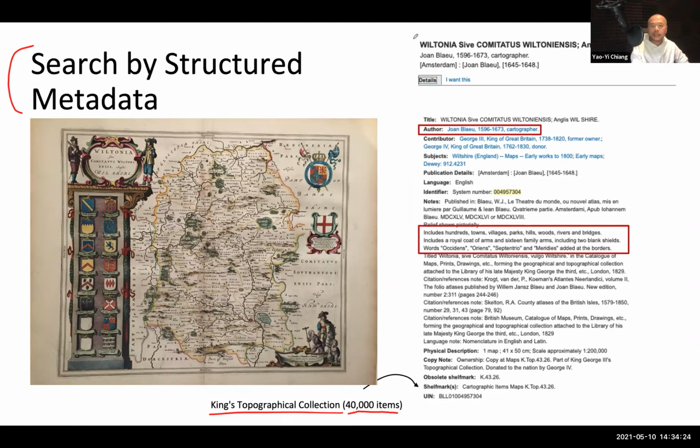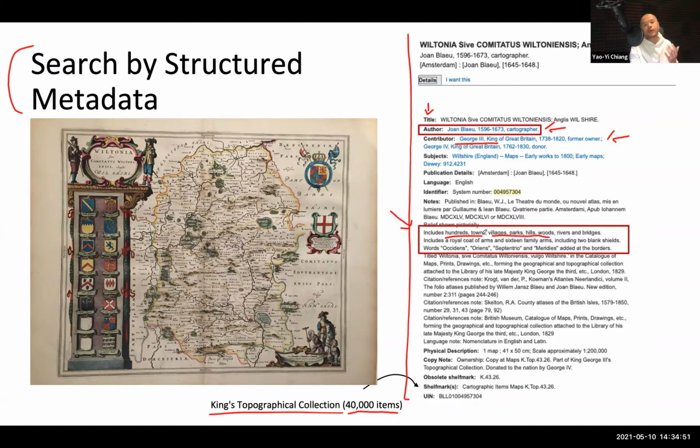But you can see here, the British Library spent a lot of time and resources to create this type of metadata. It has a title, it has an author, it has contributors, King George III. It has other information, tells you what are the geographic features included on this map. Right, so hundreds of towns, villages, parks, hills, and woods, and so on.